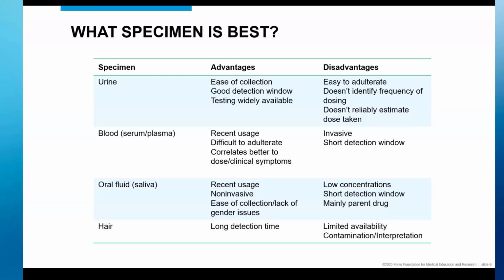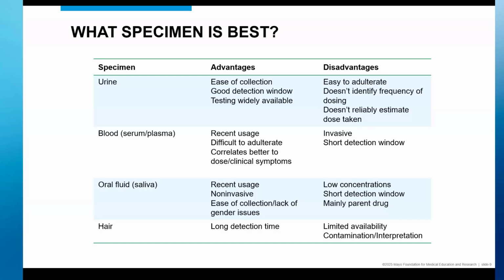Alternative matrices like serum are great because they also have a shorter detection window, and so it reflects more recent usage. However, obviously you have to have a phlebotomist draw a sample, so that makes it a little more challenging and an invasive procedure. Today, we're going to focus on oral fluid, which is another non-invasive technique and a matrix that we can use for controlled substance monitoring.